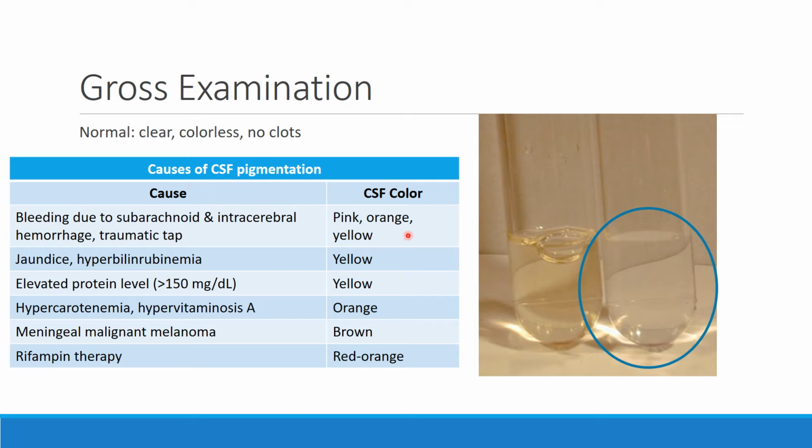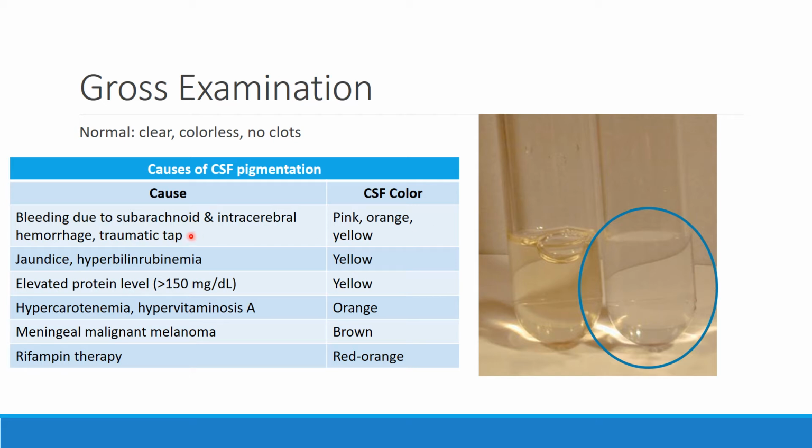Obviously, any pink to red color could be due to one of two things. Either there is active bleeding in the CNS, or it was a bloody tap. A bloody tap means that the procedure, the lumbar puncture, unfortunately hit capillaries and you got blood as well as CSF.